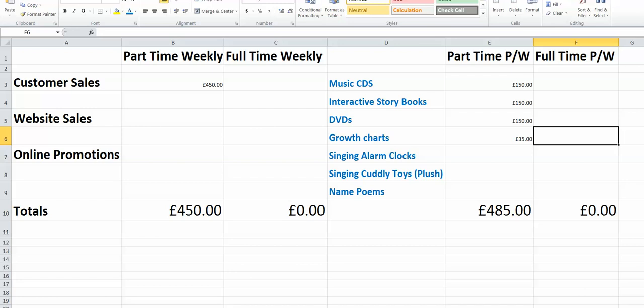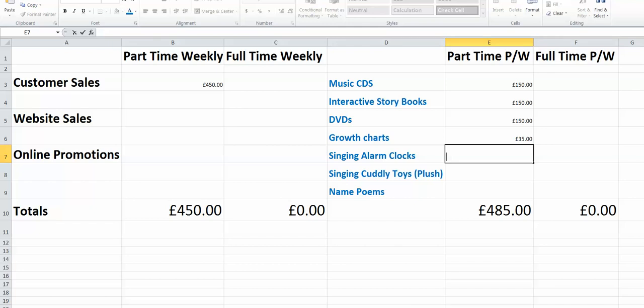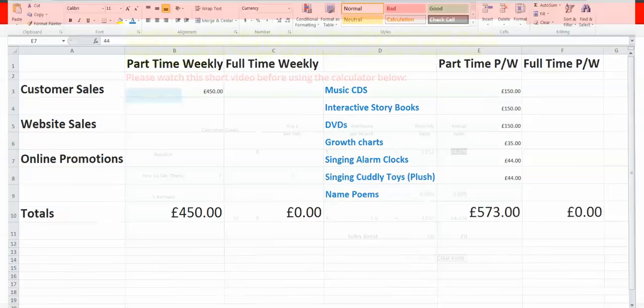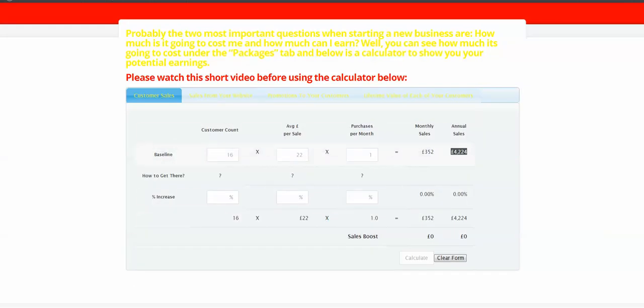So let's put that figure in there, and that is £88, or £44 per week on the clocks, and £44 on the cuddly toys.